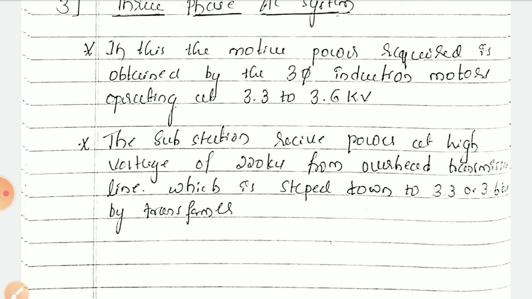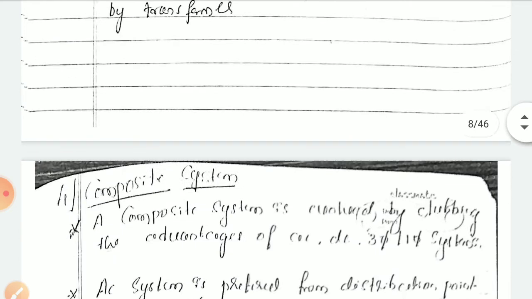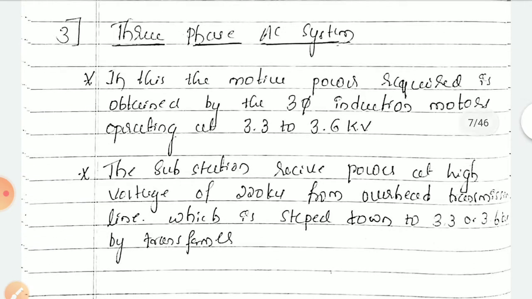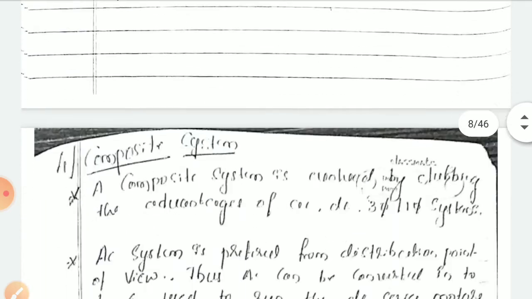The substations receive power at a high voltage of 220 kilovolts from the transmission line, which is stepped down to the required voltage range and used for the three phase motor. So three phase induction motors are used here in the locomotive for transportation. That's called a three phase AC system.